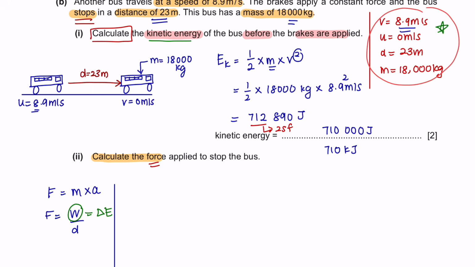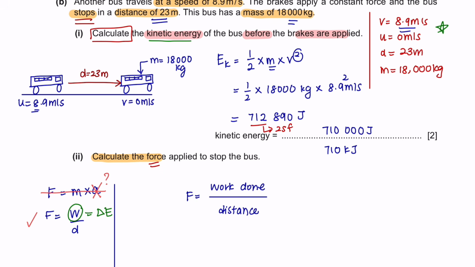Looking at all the quantities that we have, we will not be able to get the acceleration, so we can't use this formula, meaning that we are left with force equals work done over distance. The distance is already given in the question, which is 23 meters, and we have learned that the work done is also equal to the change of energy. The change of energy has been calculated in the first part, whereby the kinetic energy is 710,000 joules. Now we can just use our calculator and get our value.